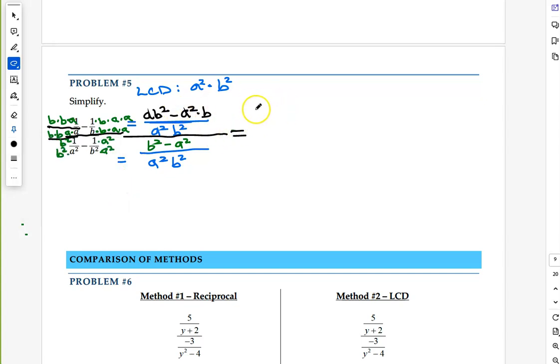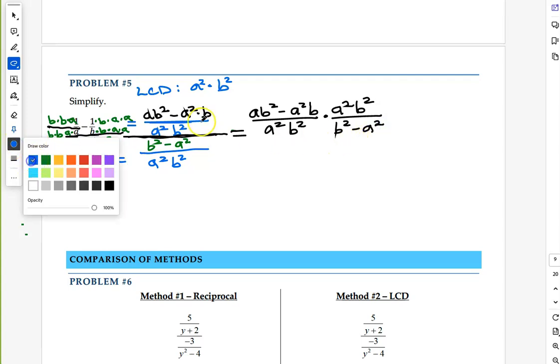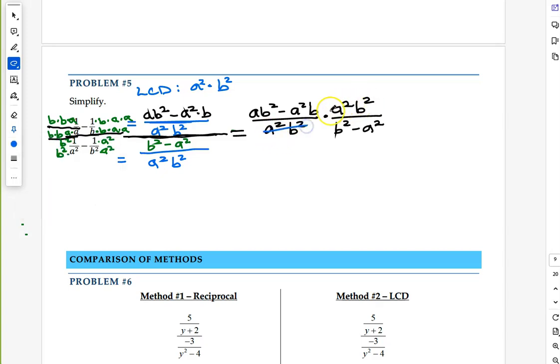So I've got that ab squared minus a squared b over a squared b squared. This is division, so we're going to flip and multiply that. So I've got a squared b squared on the top, and then b squared minus a squared on the bottom. The reason why we like this method is because that whole denominator and that whole numerator will divide out.